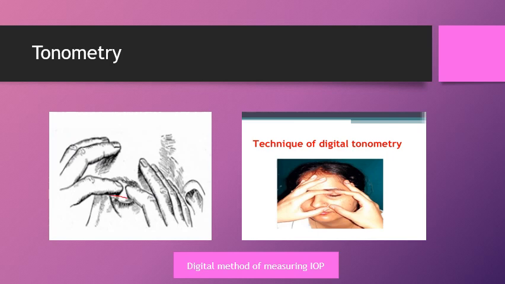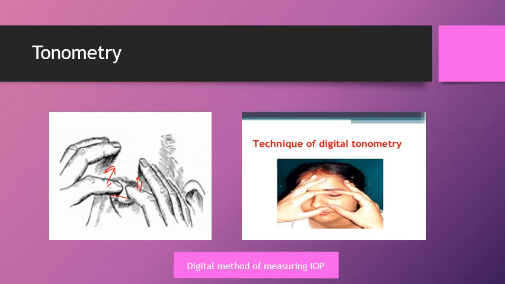In this, we ask the patient to look down and then close his eyes. After the patient closes the eyes, we place two index fingers on the eyeball, as indicated in this figure. One index finger is stationary and the other is used for pressing or indenting the eyeball. When we press the eyeball with one finger, we feel the fluctuation at the other finger.